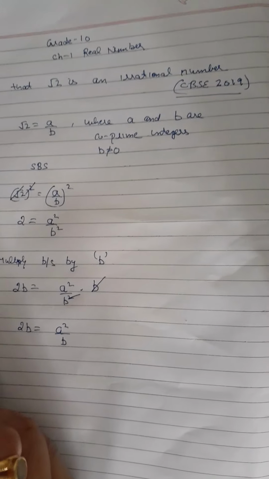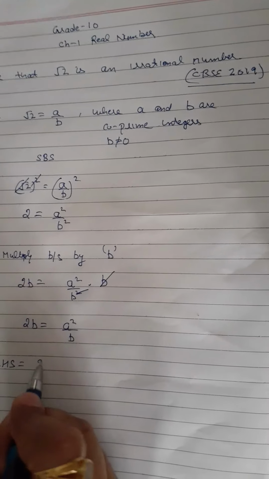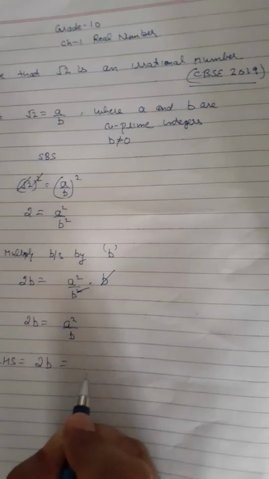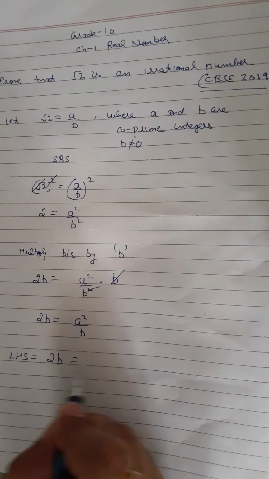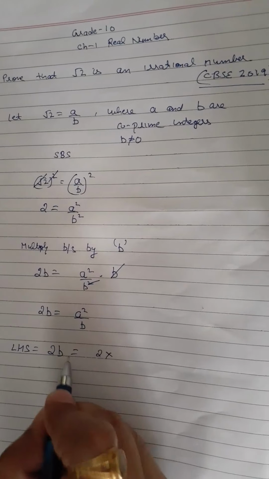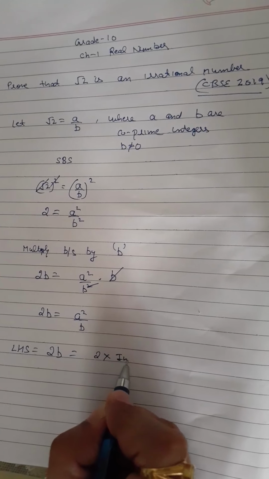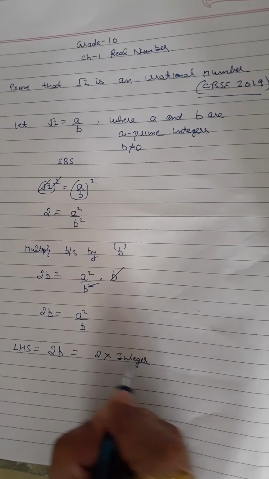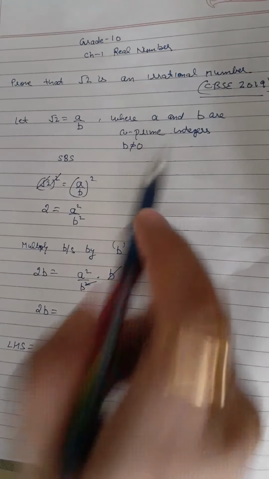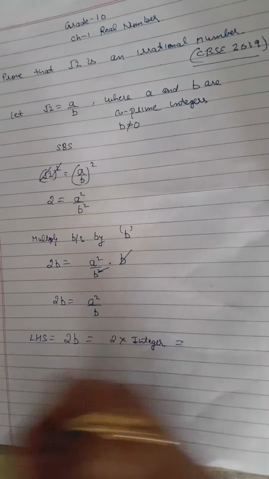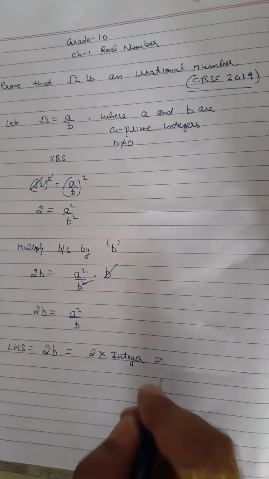Now on the left hand side it is 2b. 2b means 2 multiply b. b is what? b is your integer. We have supposed b to be an integer. So integer multiplied by 2 is also an integer.